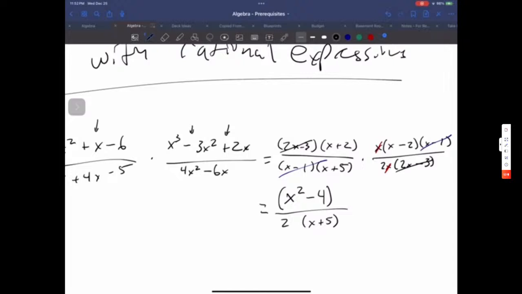Now, remember that here we know that x cannot equal 5 in the resultant thing. However, we do need to go back and look above and say, well, x can't equal 0. X can't equal 3/2.